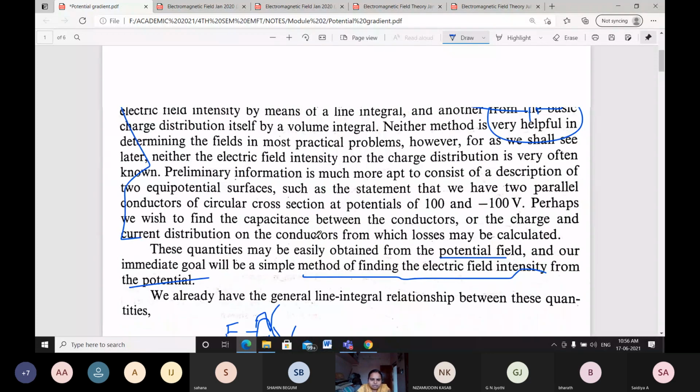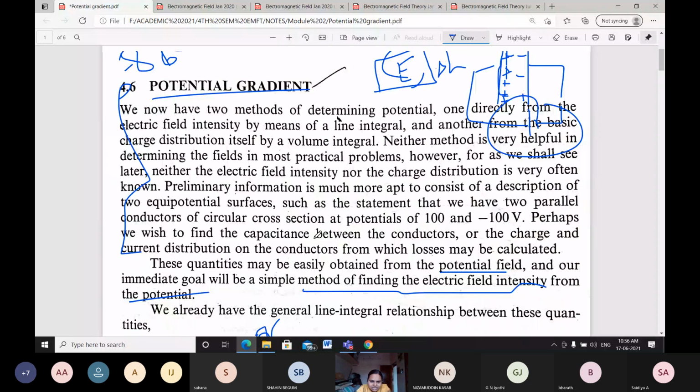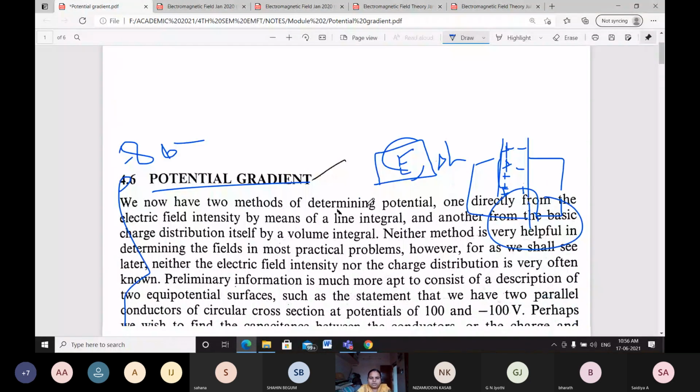This part is very important, and this question is asked repeatedly in almost every question paper. First, in 5 points, how it goes.